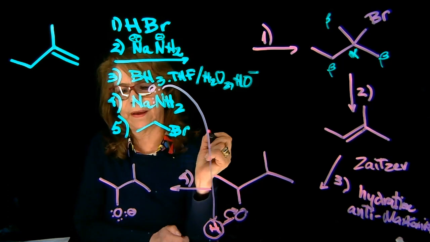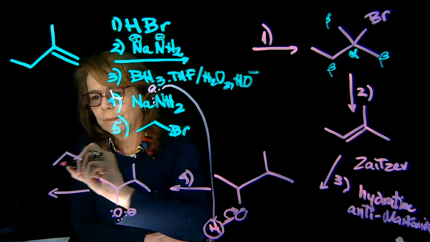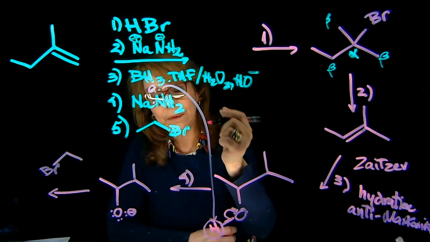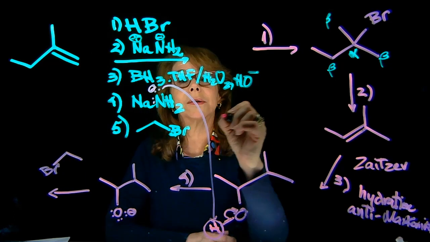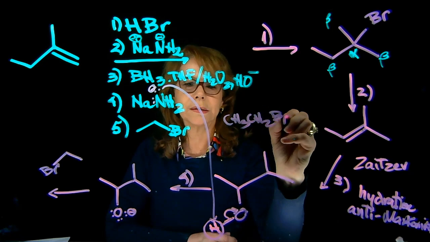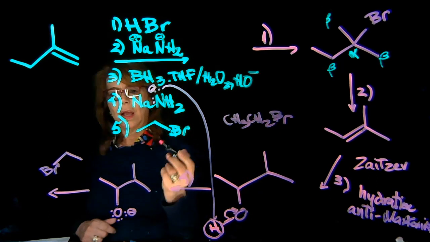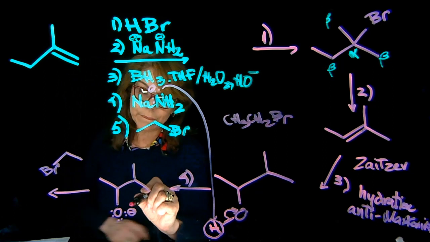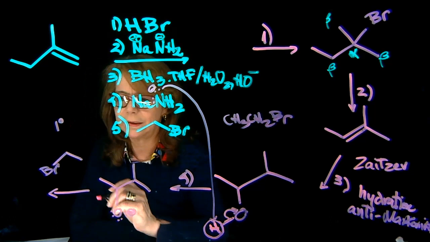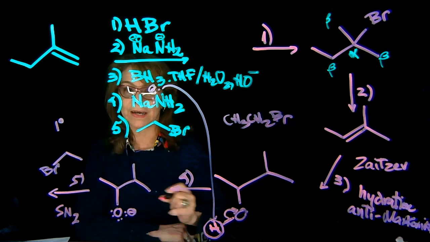What is happening in step 5? In step 5, we're adding ethyl bromide, two carbons. And by the way, you may see this reagent in a different way. You may see ethyl bromide written this way. Same thing, but it shows better for the mechanism. So now what we have here is a strong base, a strong nucleophile. And here we have a primary alkyl halide. So what happens in step 5 is an SN2 reaction.